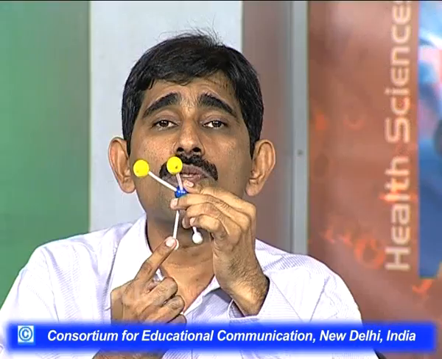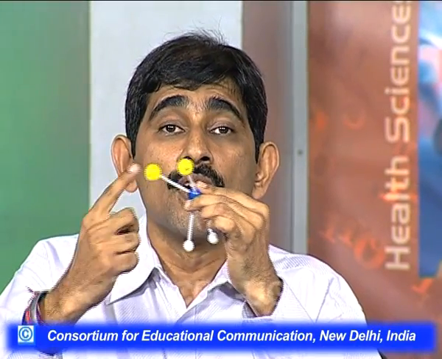But when we change one of these hydrogens with another chlorine here, we now get dichloromethane, 2 hydrogens, 2 chlorines. CH2Cl2, we have got this.